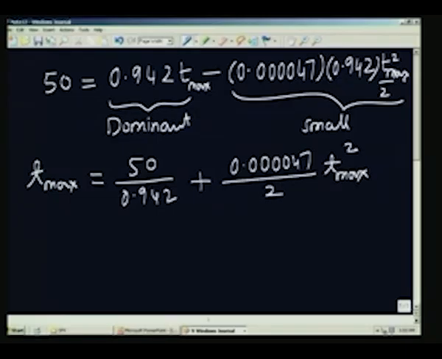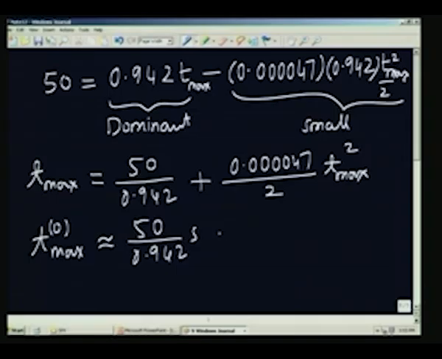So, I am just rewriting in this particular form, and the value of T will be calculated. If you ignore this term, you will get the first approximation for T, and then you put it here, you will get a better approximation. So, if you say T naught is roughly equal to 50 divided by 0.942 seconds, it comes to 53.08 seconds. And now I substitute it here and improve it.